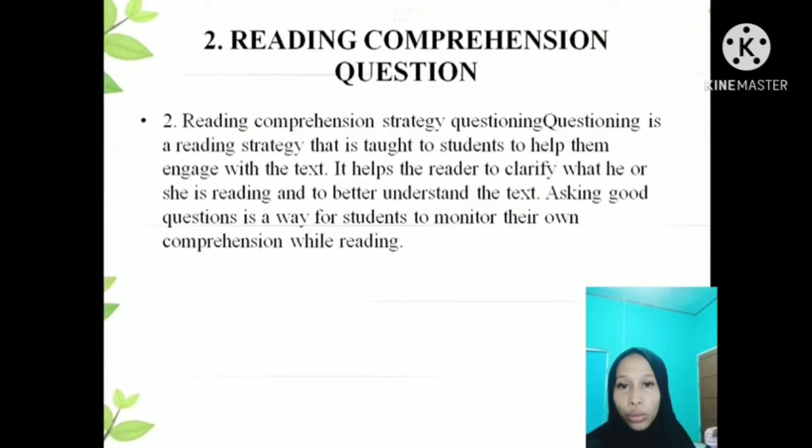Show students your bag, but not the item in the bag. Invite students to ask questions about the item in your bag. Encourage students to ask open-ended questions to gather clues.